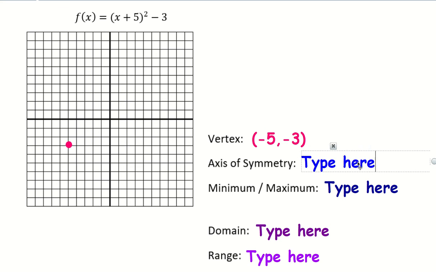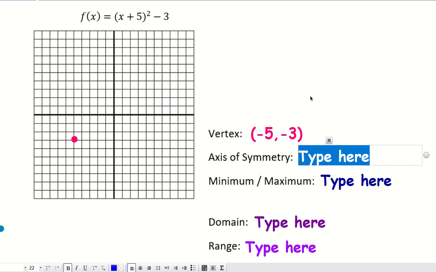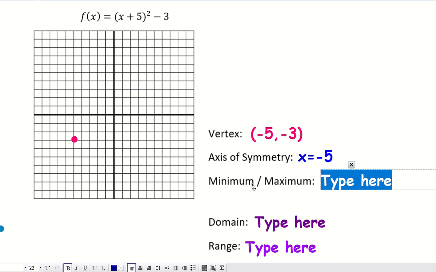All right? And so we automatically know our axis of symmetry is x equals negative 5. And what do we have, a max or a min? What's our a value out in front? Well, it's positive 1.